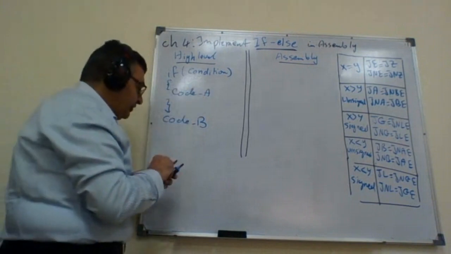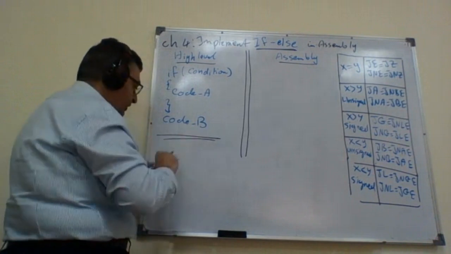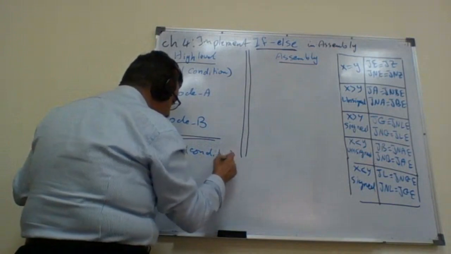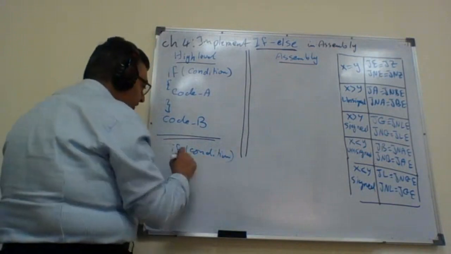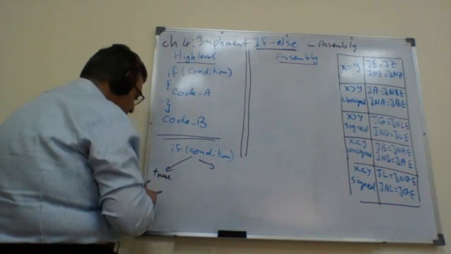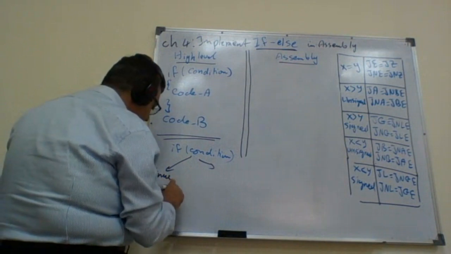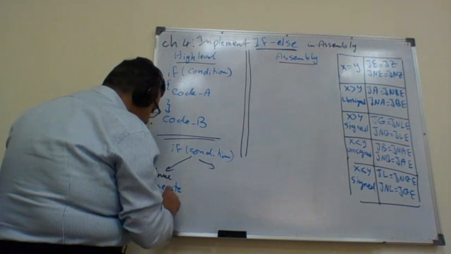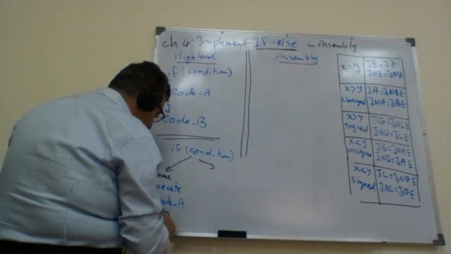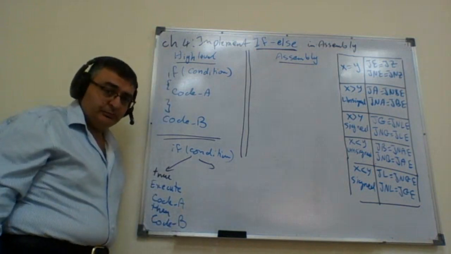Something we need to pay attention to: for the if statement, I have if and the condition. If the condition is true, I need to execute code A, then code B. This is what I want to do.